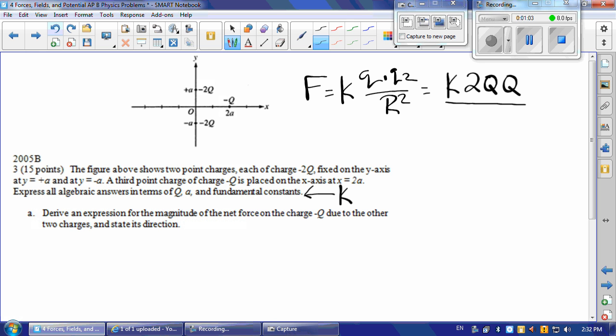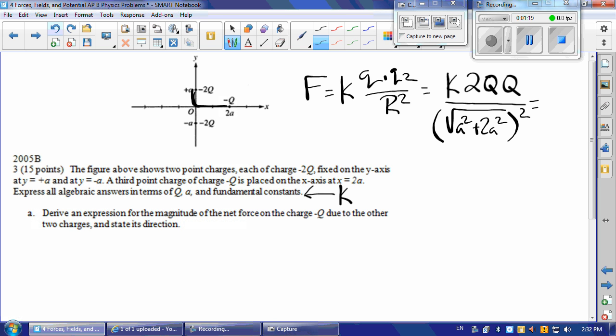Well, this is a right triangle of a and 2a, which means the distance between them is just the square root of a squared plus 2a squared, all squared. Well, I'm actually going to simplify that a little bit.